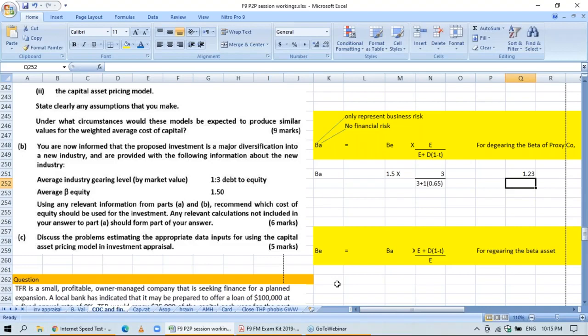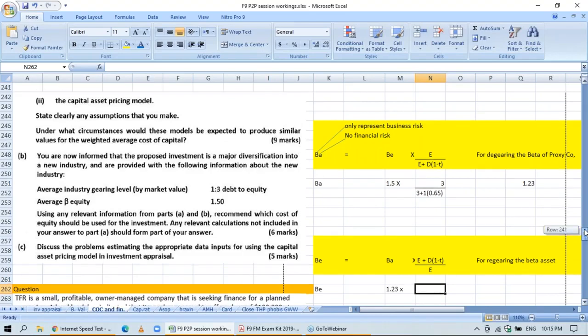Now placing this beta asset, meaning ungeared beta without financial risk, 1.23, into the beta equity formula. So now what's the debt to equity ratio of this company? The debt to equity ratio of this company is given above. Let me highlight.